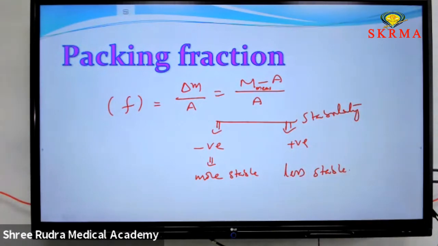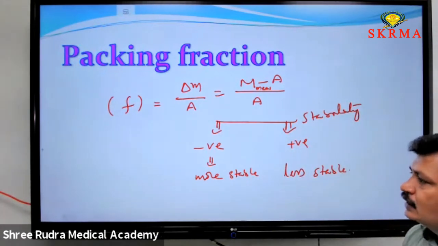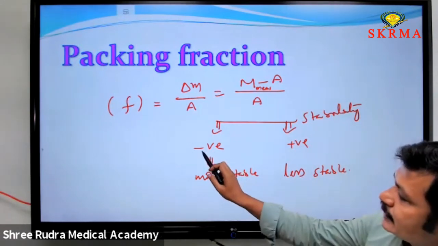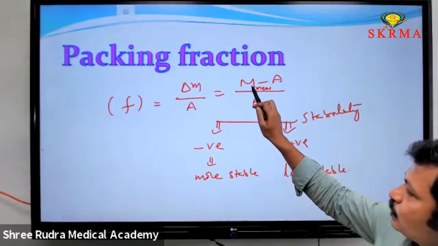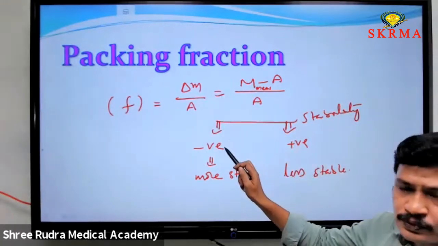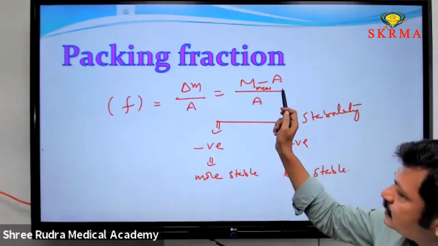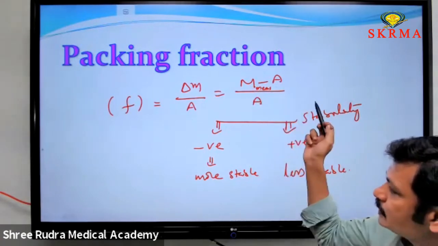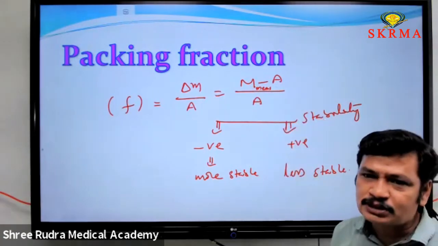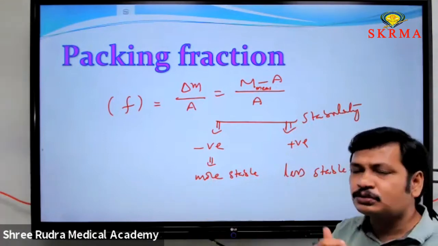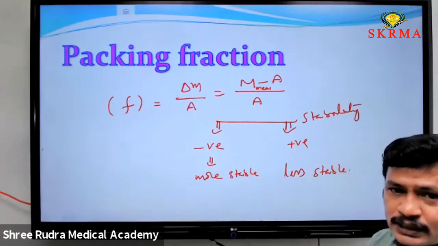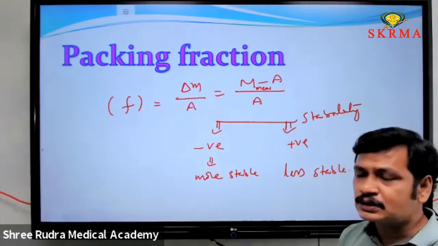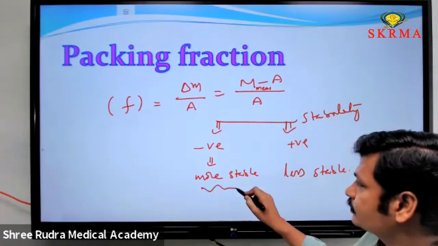The reason for negative is that the measured mass M is less, which means more mass is converted into energy that binds the nucleus, and that gives more stability.